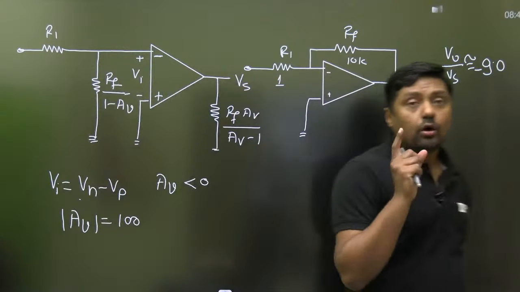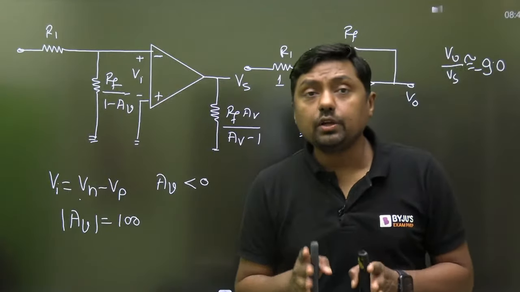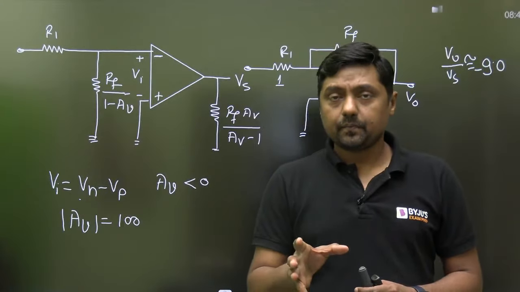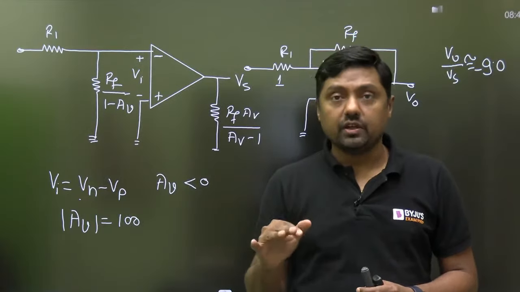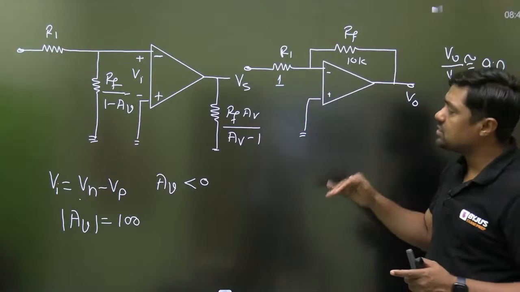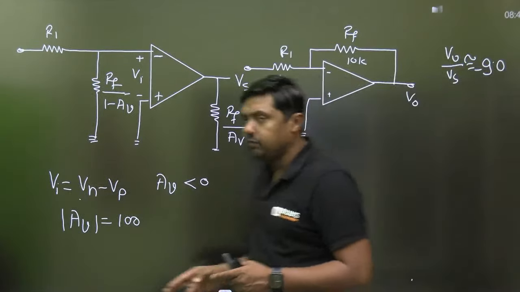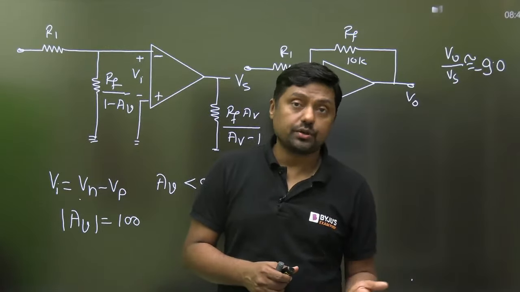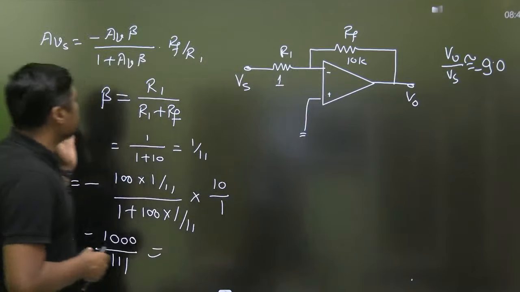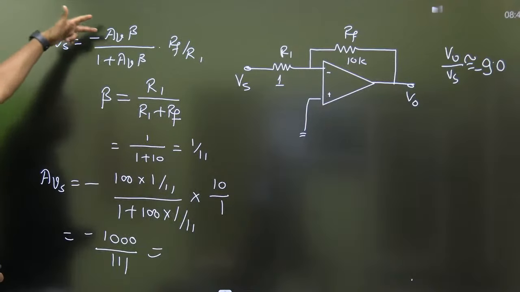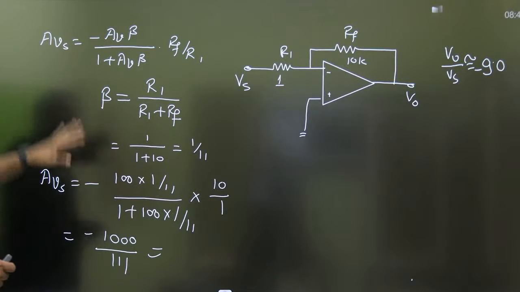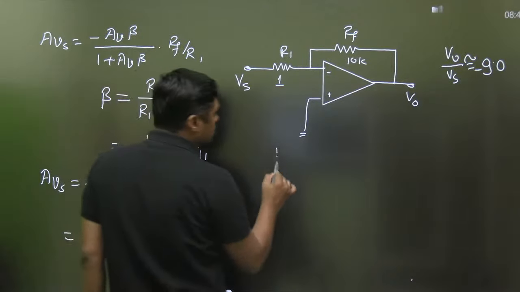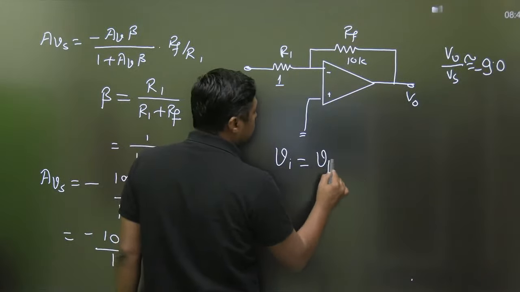Always remember, according to our requirement, we are using the AV. Suppose I am writing VN minus VP, then the AV will become negative. If I am writing VP minus VN, then it will become positive. So in the previous derivation, we are using AV equal to 100, because during the derivation of this formula, I have used VI equal to VP minus VN.